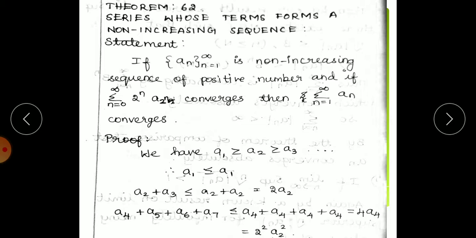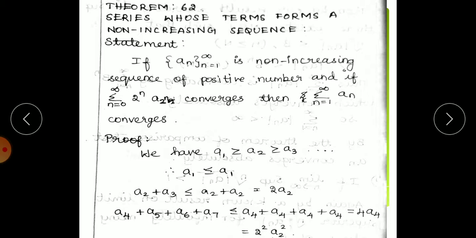So if it is a non-increasing sequence, then a1 is greater than or equal to a2, and a3, and so on. Therefore a2 plus a3 is less than or equal to a2 plus a2, which is equal to 2a2.